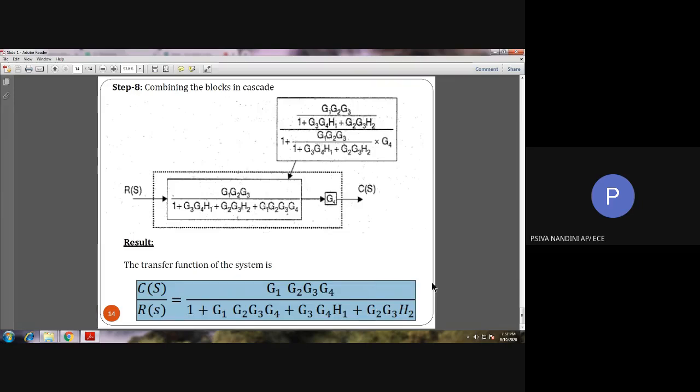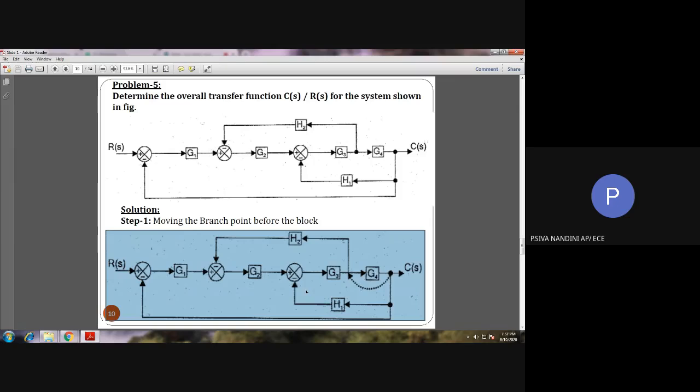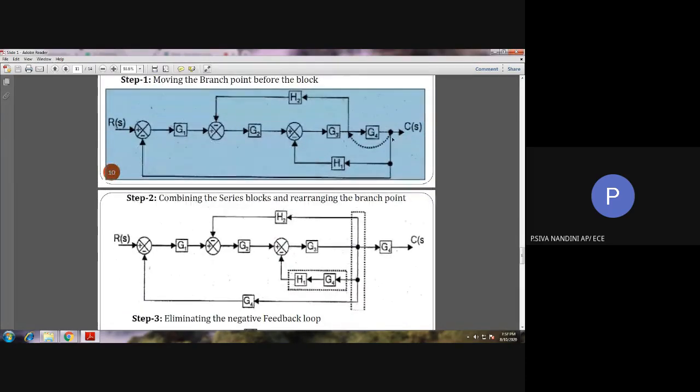I shall repeat the steps once again for better understanding of this problem. So here in this problem, what we are doing? First of all, we are moving this branch point before this block G4. While doing so, we have to include this block G4 in the path of the branch point which is moved.